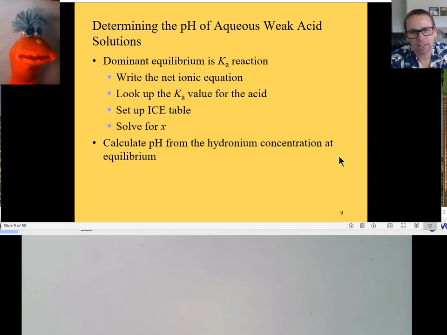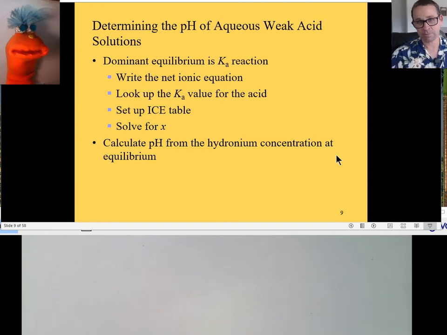We use the change, and we use the equilibrium concentration, and we place the equilibrium concentrations into the mass action expression, right? And then we solve for the Ka, which is the quotient for all the different concentrations at equilibrium. And then from that, we use the resulting hydrogen ion concentration, take the negative log of it to get the pH. Did that make sense?